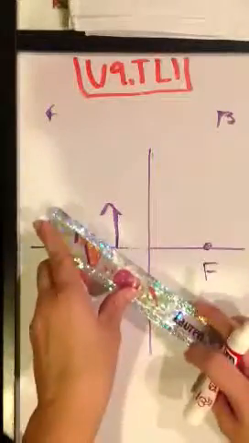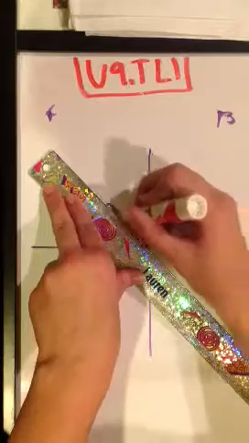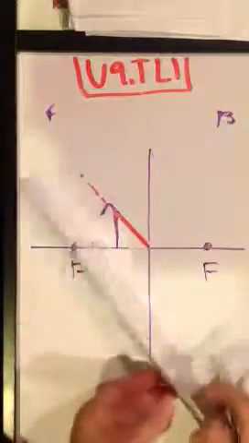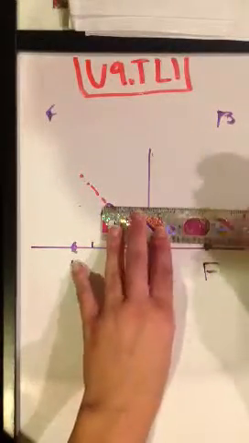To start out, we're going to draw the central ray. And then we're going to draw the parallel ray.